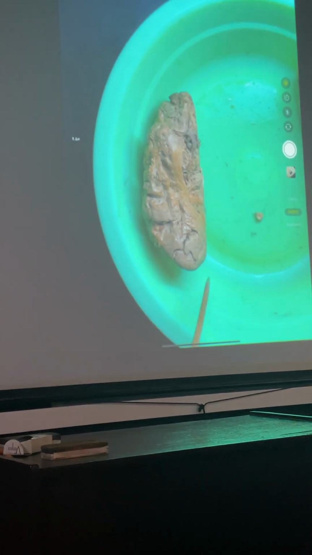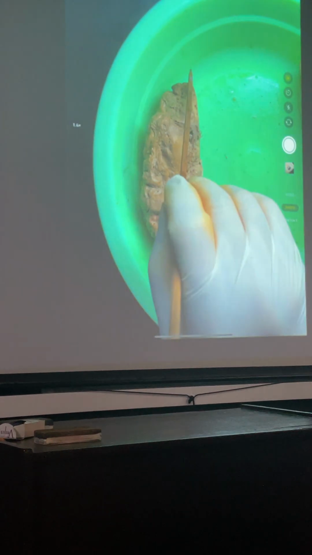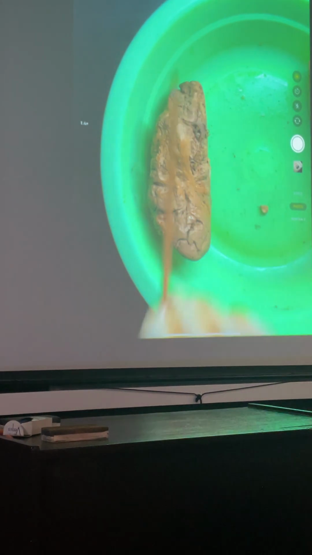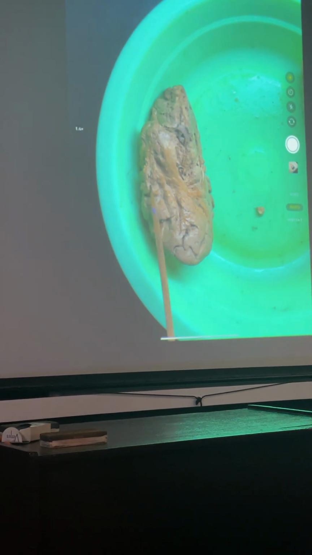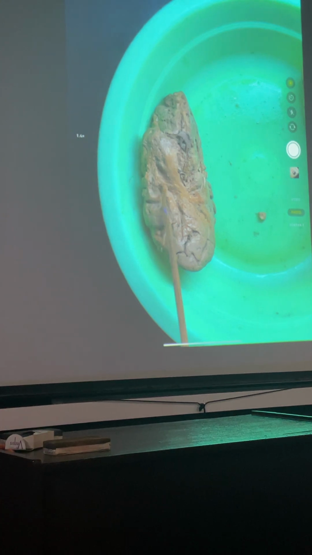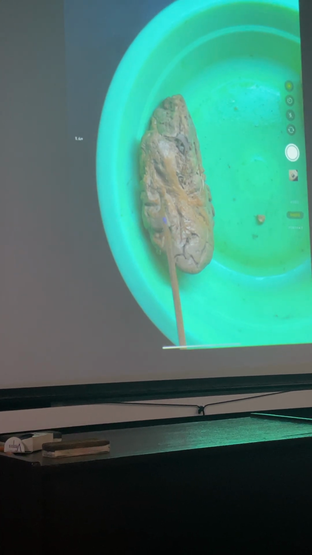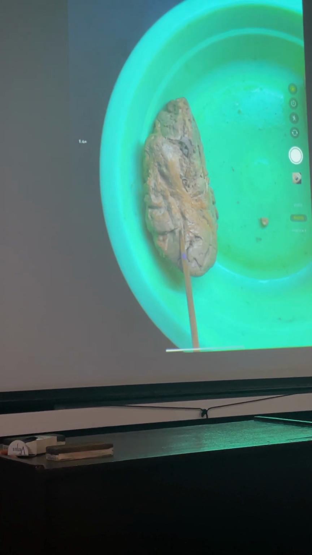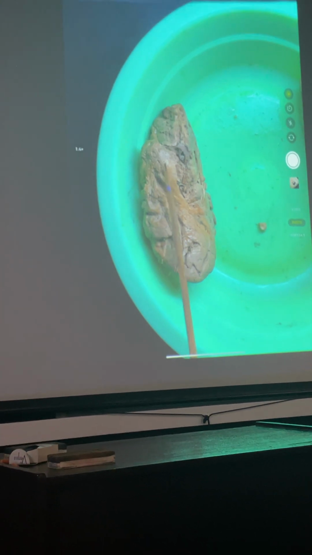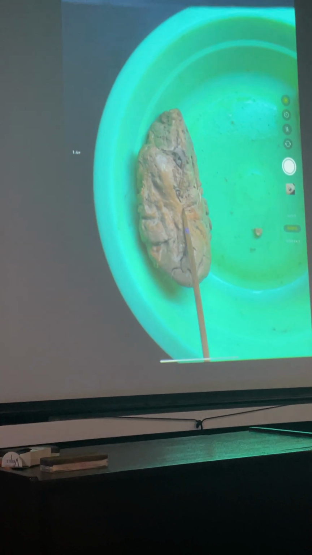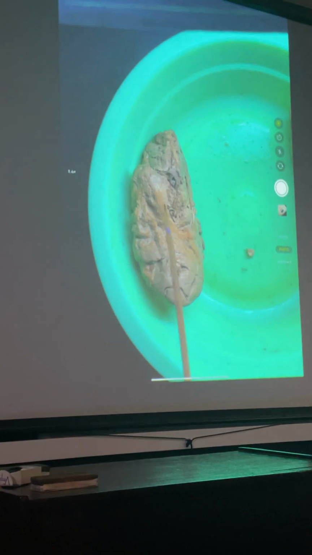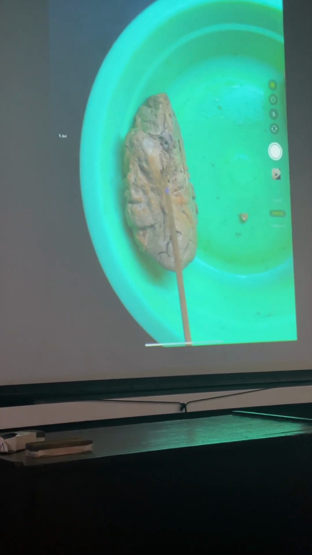This is the posterior end, and this is the anterior end over here. This is the collateral sulcus. This is the fusiform gyrus. And this is the parahippocampal gyrus. And this one here is the uncus.